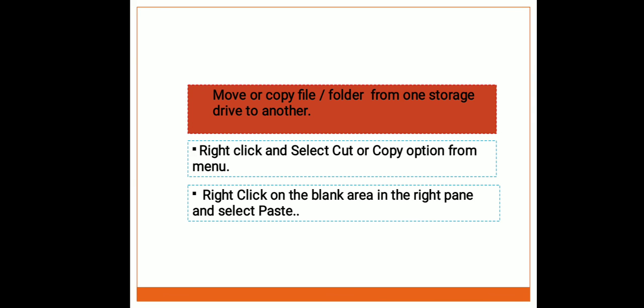Select the folder you want to copy, then go to the pen drive, click on the pen drive option, and then press Control plus V, or right click with the mouse and paste there. So this way you can also move or copy a file or folder from one storage device to another storage device.